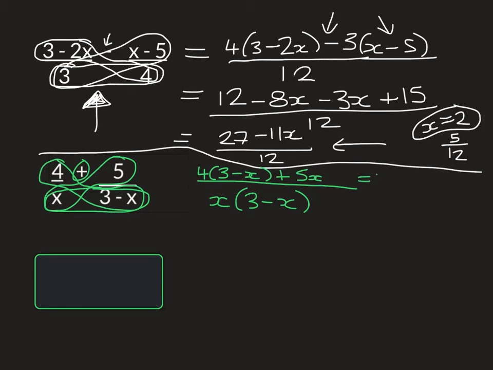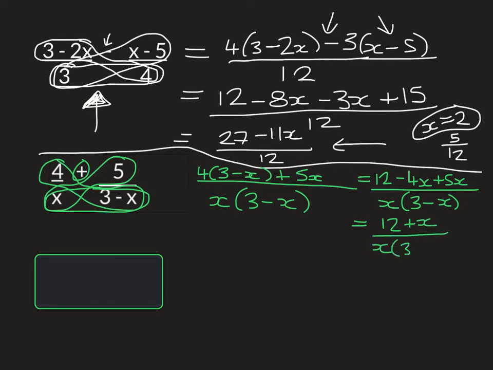Tidy up the top, so we multiply out: 12 minus 4x plus 5x over x brackets 3 minus x, and then the top, 12 minus 4x plus 5x, is just 12 plus x, over x brackets 3 minus x.